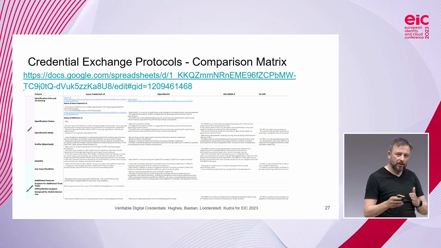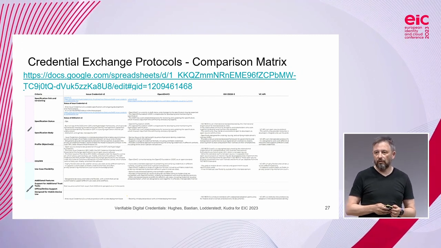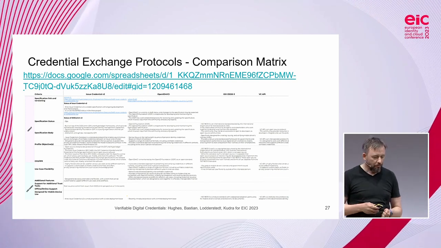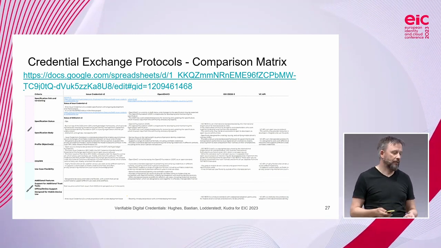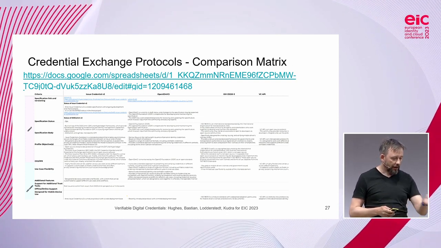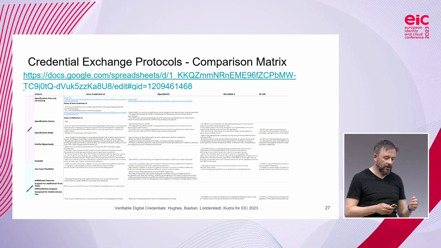In a similar way as we do that for the credential format comparison, we are also trying to build an information base for people that want to make decisions about implementing protocols. It's also metrics, actually. The work is pretty early right now.